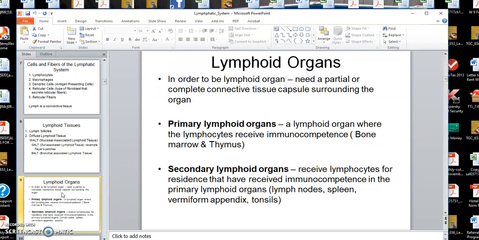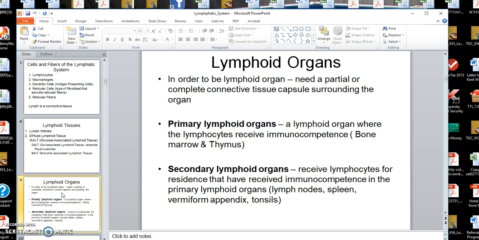A lymphoid organ. What's the difference between a lymphoid tissue and an organ? An organ must have a partial or complete connective tissue capsule around it. Let me say that again. A lymphoid organ must have a partial or complete connective tissue capsule around it. When we look at lymphoid organs, we separate them into two groups, the primary lymphoid organs and the secondary.